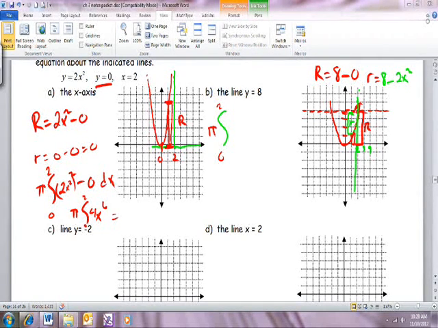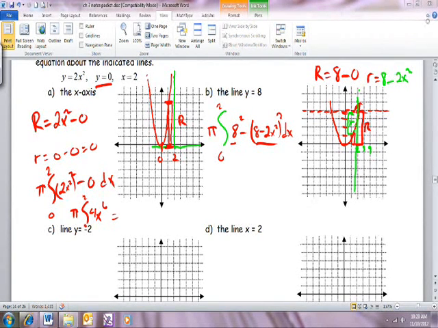We got our pi out front. Our big R squared is our 8 squared minus our little r squared, which is 8 minus 2x squared, dx. So big R squared minus little r squared. Figuring out what the r squareds are is the hard part.